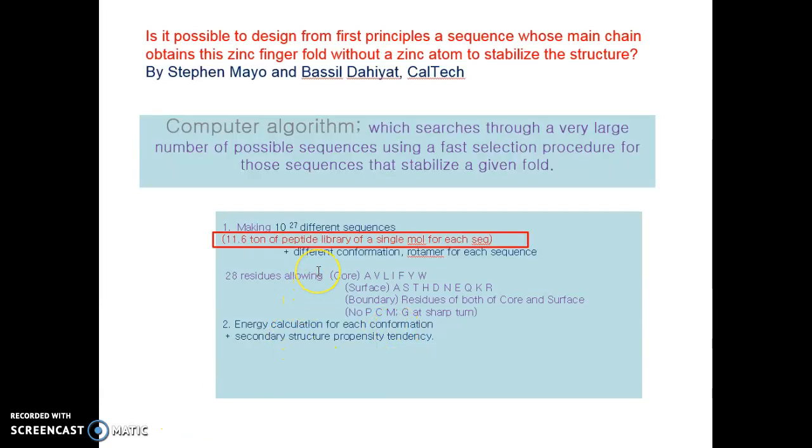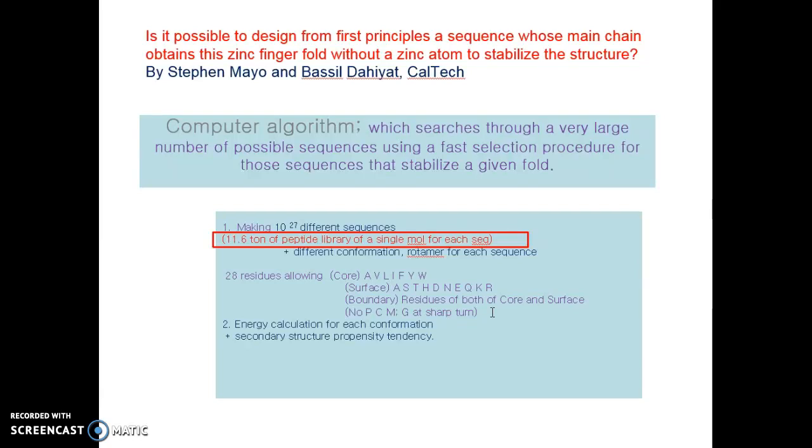This virtual library size is 15 orders of magnitude larger than an experimental combinatorial library. A corresponding peptide library consisting of only a single molecule for each sequence would have a mass of 11.6 tons of peptide.